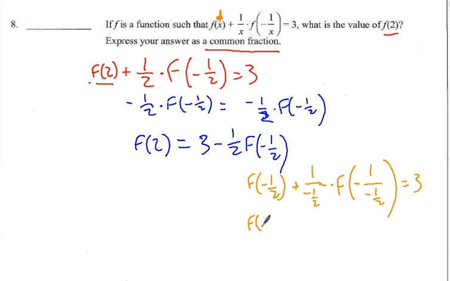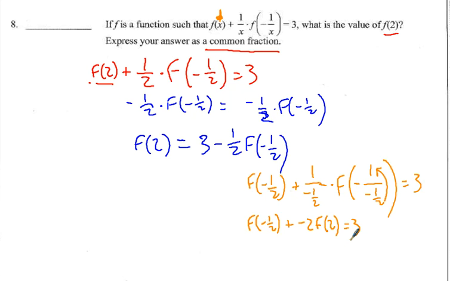So we have f of negative 1/2 plus, well, that's the same as saying negative 2 times f of, wow, well, that gets flipped up. Negative times a negative is a positive, so f of 2. And that whole thing is equal to 3. The plot thickens, so to speak.